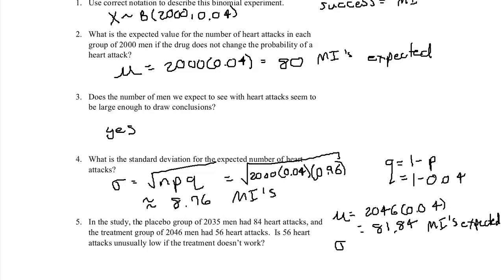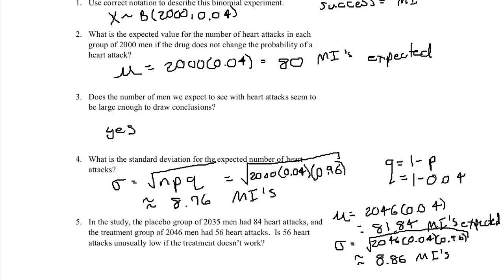And our standard deviation is going to be the square root of 2,046 times, if this drug does nothing, the probability of a heart attack, which we still are thinking is 0.04, and the probability of not having a heart attack, 0.96. So we do our calculation and we get a standard deviation of 8.86 heart attacks.